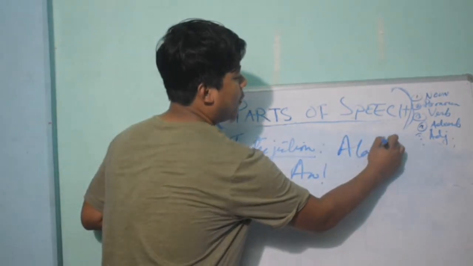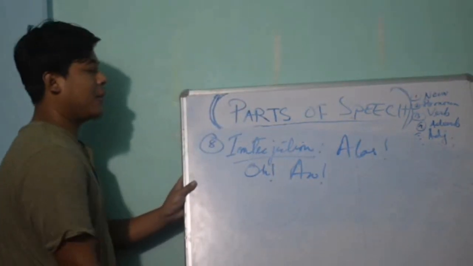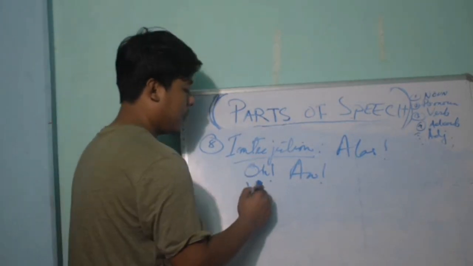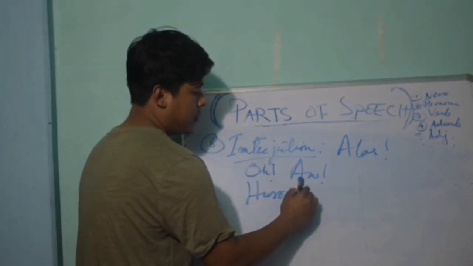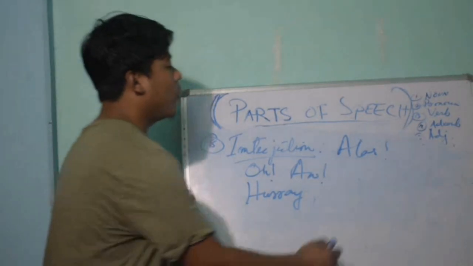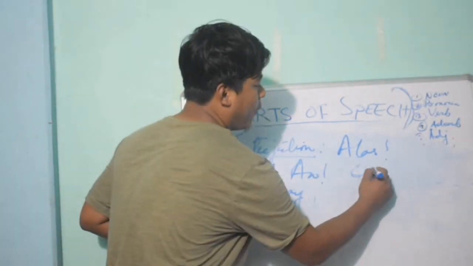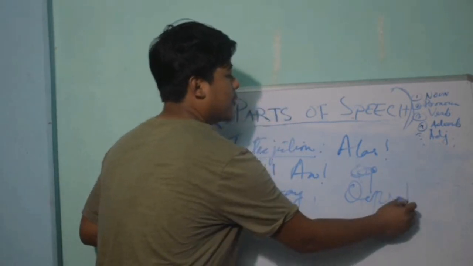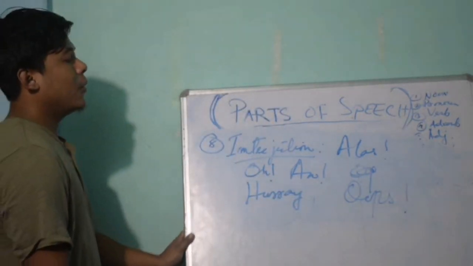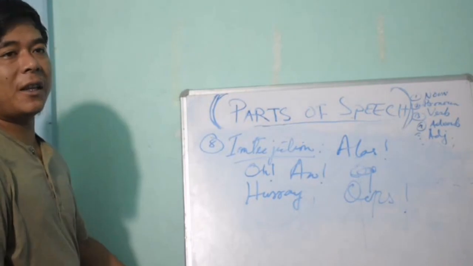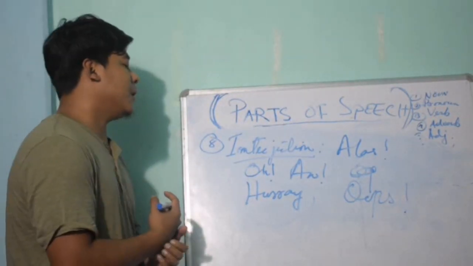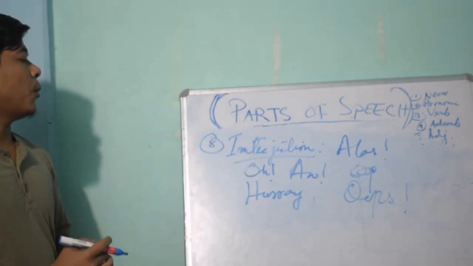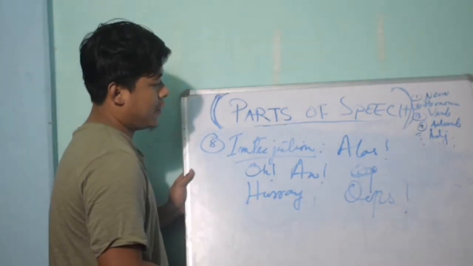Alas, one of the most common examples of interjection, or hooray, or it can be words girls often use, like oops. These are also interjections. So any words which express sudden emotions or some spontaneous feeling are called interjections.